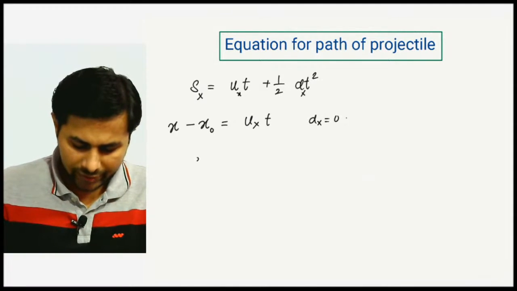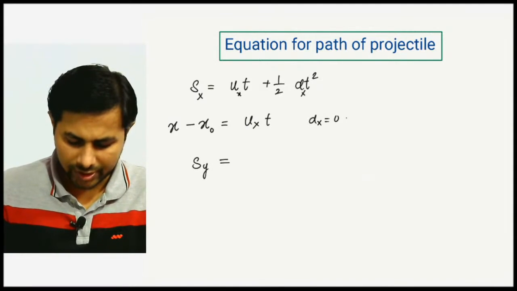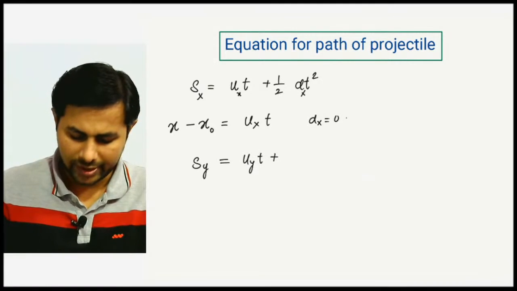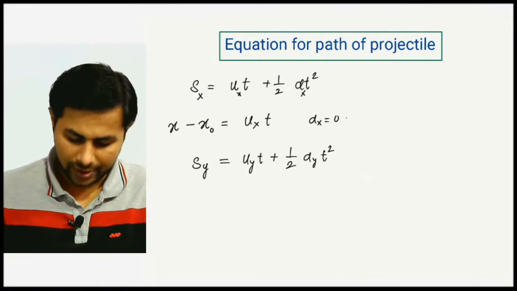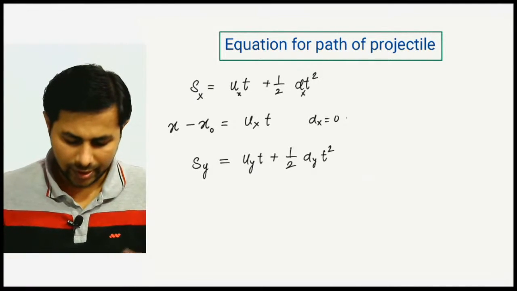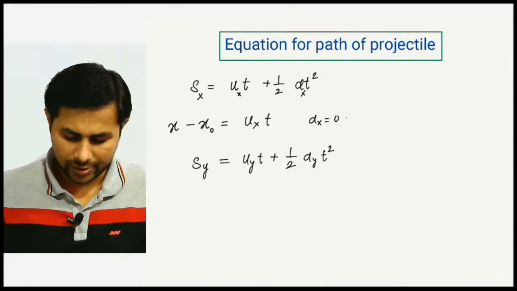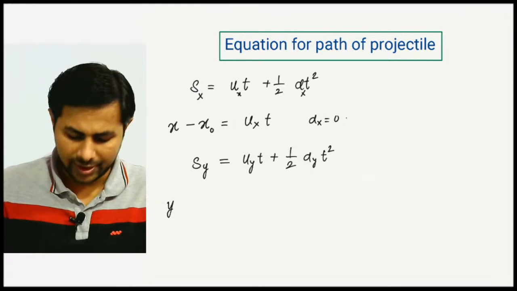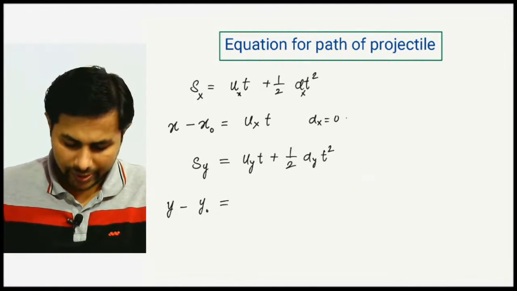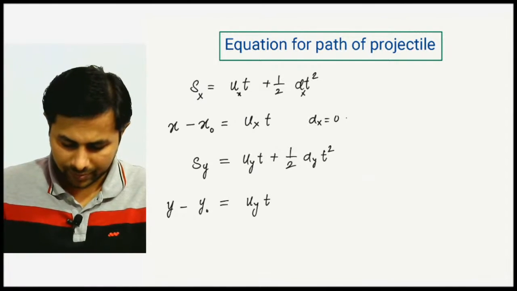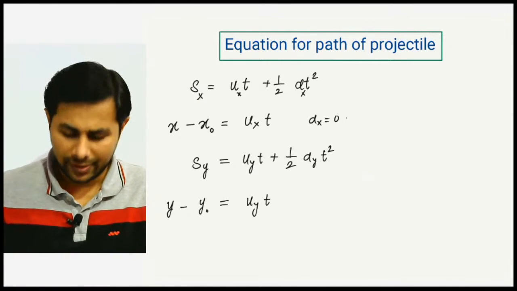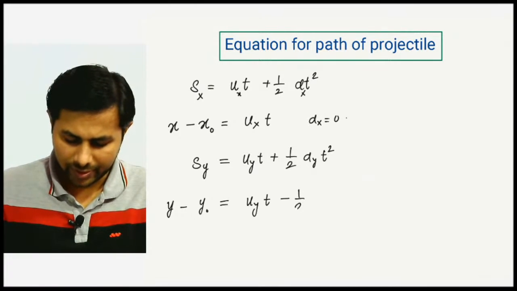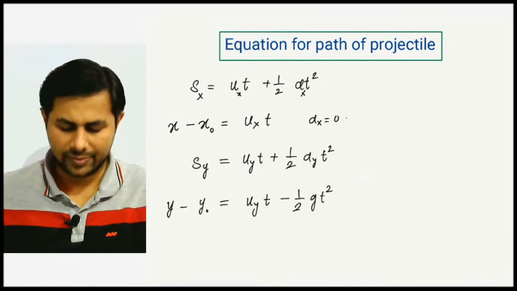After that, we can say sy equals uy times t plus half of ay times t squared. Now let's substitute the values of uy and ay in this equation. So we get y at some time t minus y at start equals what? uy times t, and ay is minus g, so minus half of g multiplied by t squared.